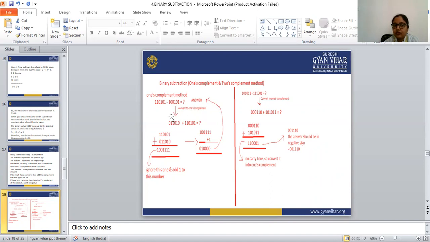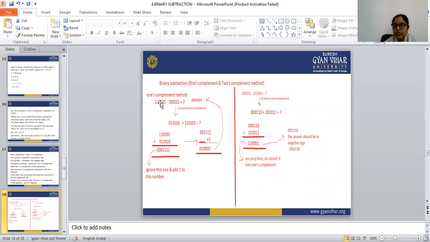After that, we have to add this inverted number and the first number. Look at this, I have written here 11010101.